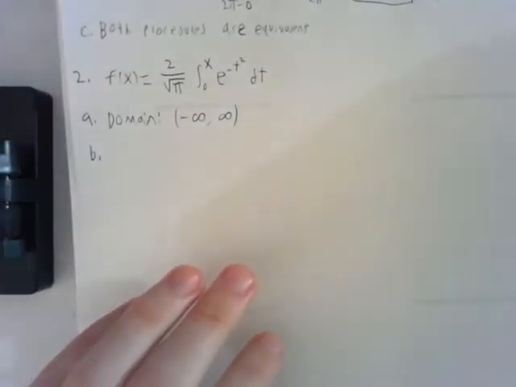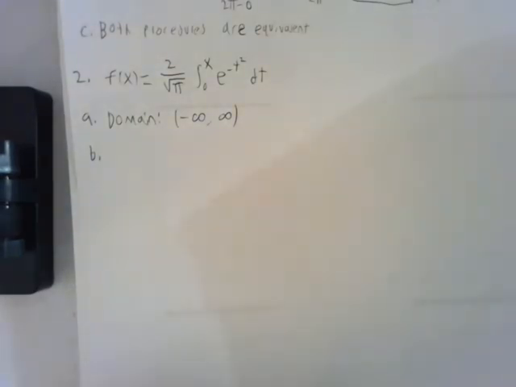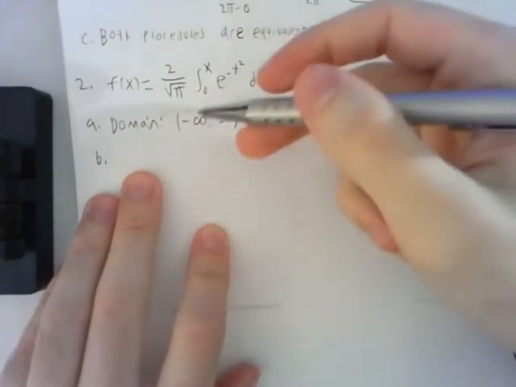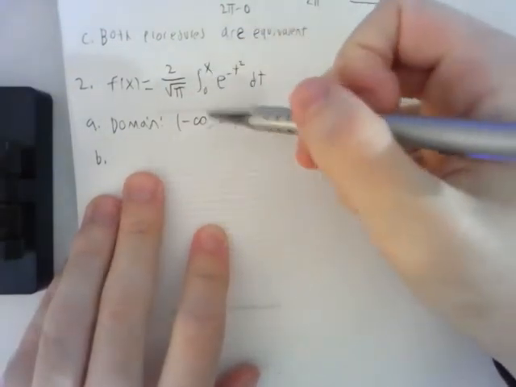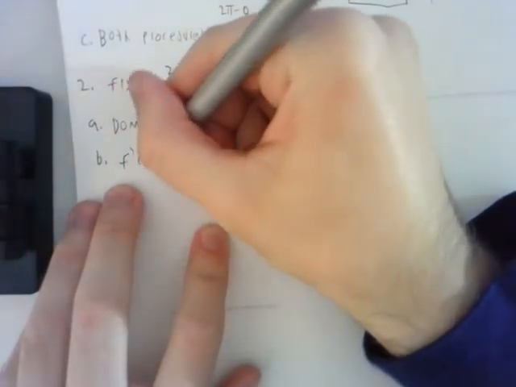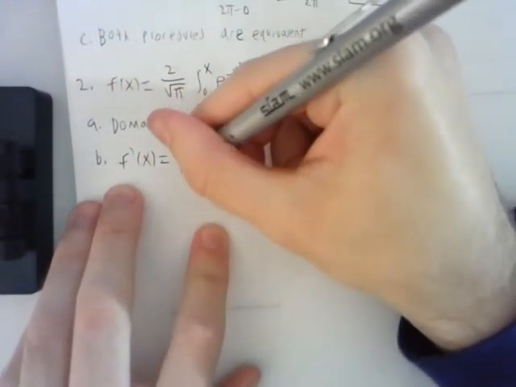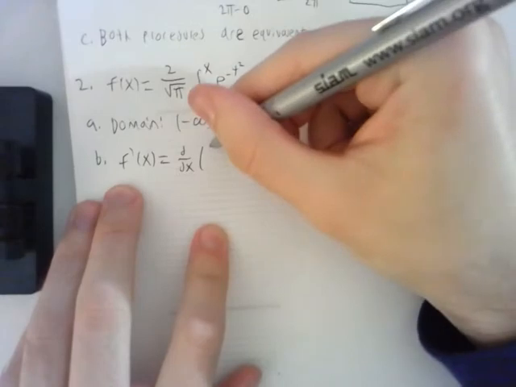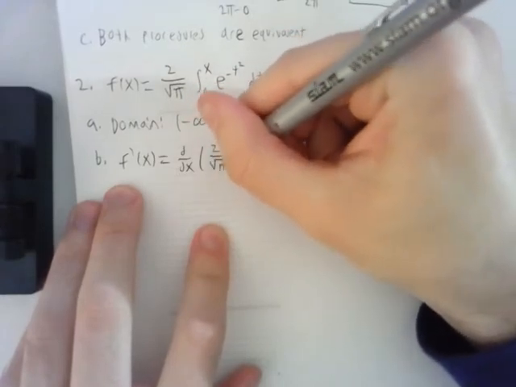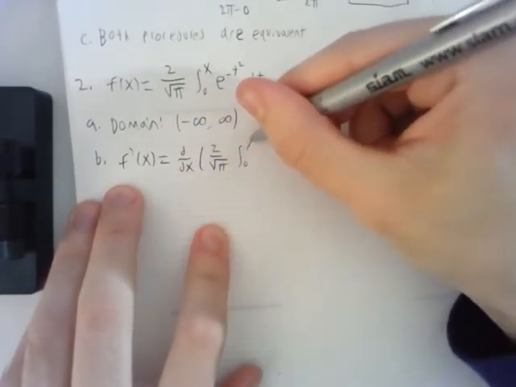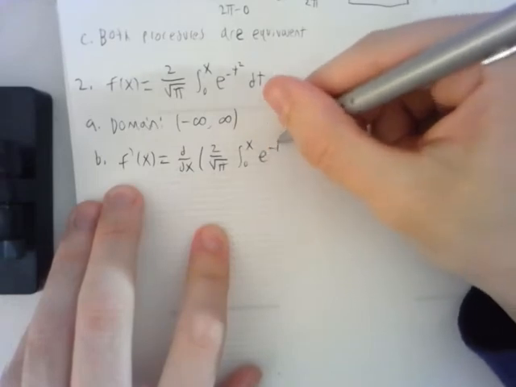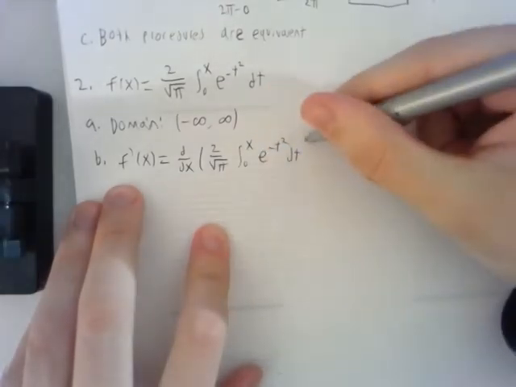The next part of the question asks us to show that f of x is an increasing function. So to do that, all we have to do is to show that f prime is always positive. So f prime of x is equal to the derivative of 2 over square root pi integral 0 to x e to the negative t squared dt.